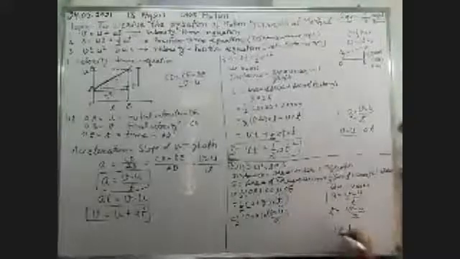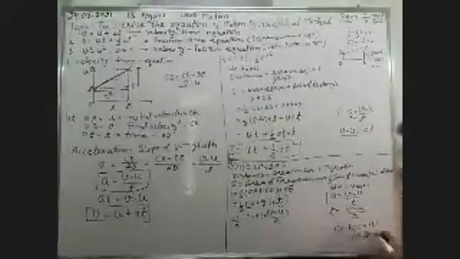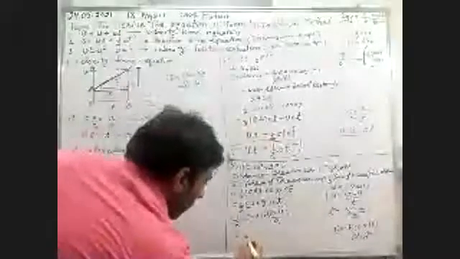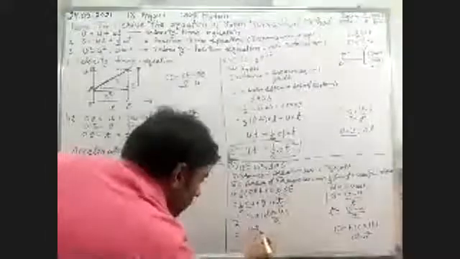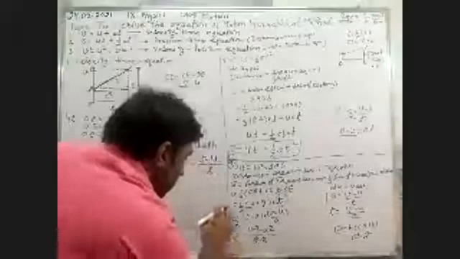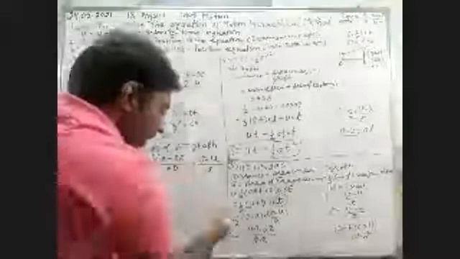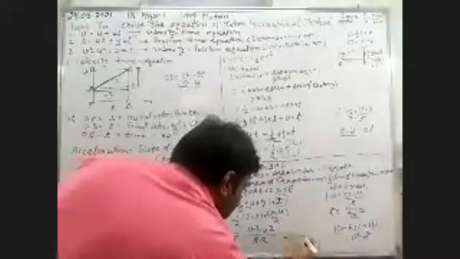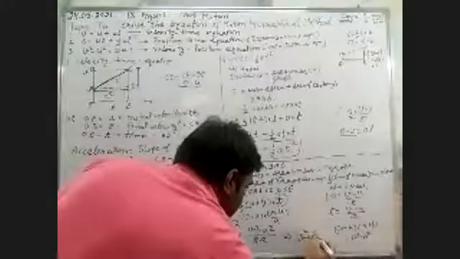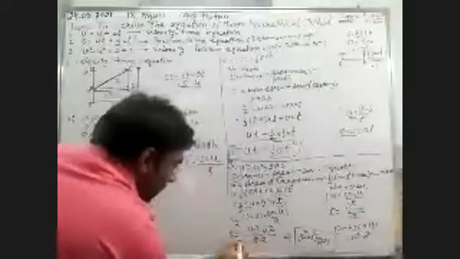A minus B into A plus B is A square minus B square. So what is in the denominator? Denominator is 2A. Numerator is V square minus U square. This is equal to S. Okay, so by cross multiplication, you can write V square minus U square equal to 2AS.